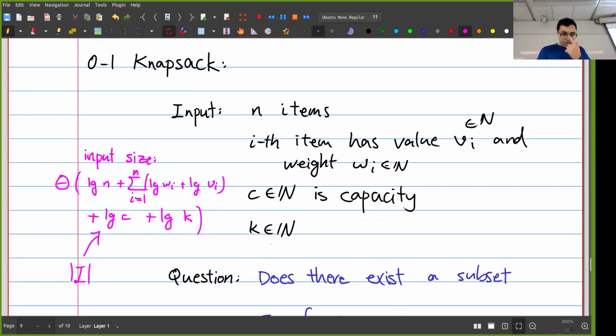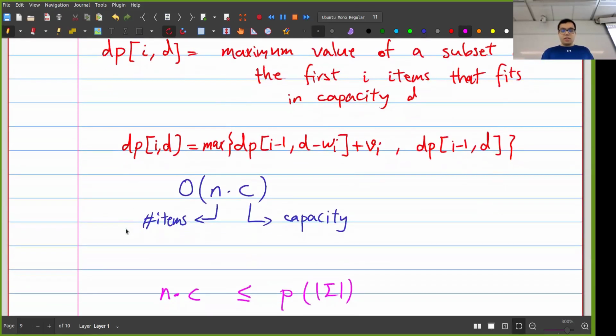So just consider the instances where n is 1, and let's say these weights and values are also 1, but this C is a huge number, right? Then the size of your input would basically be O(log C). But then your runtime is O(C), which is like 2 to the power of the size of the input. So this is actually an exponential time algorithm.